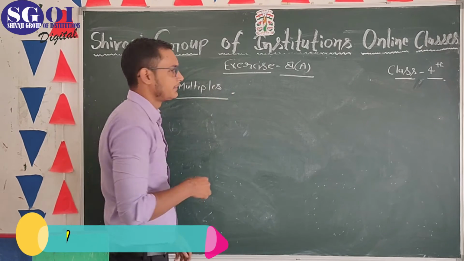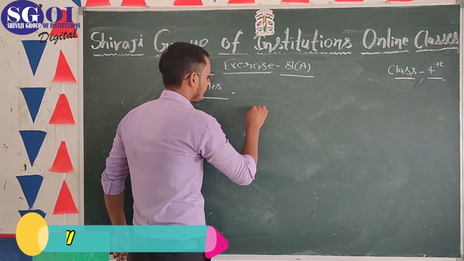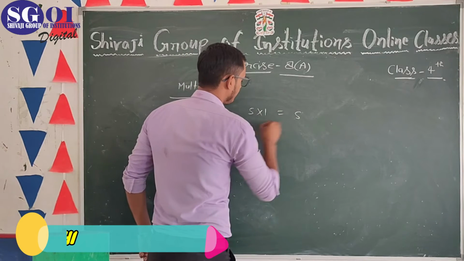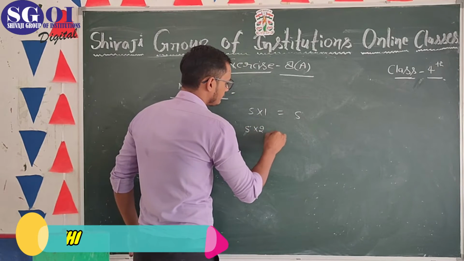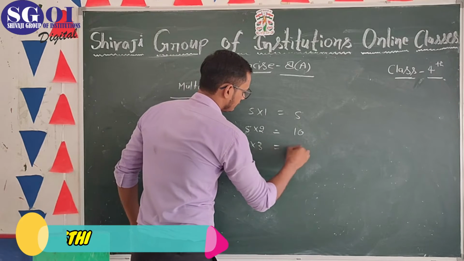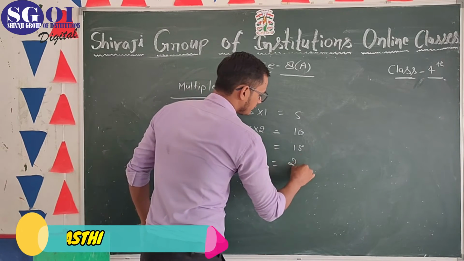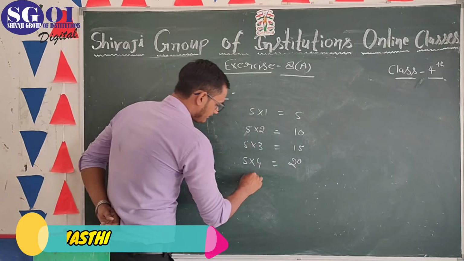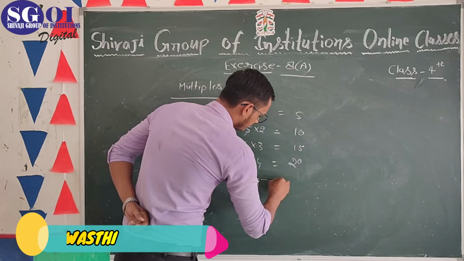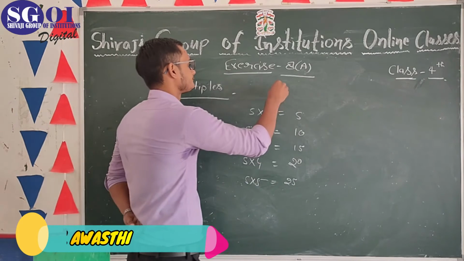Okay, what are the multiples? Look, 5 multiplied by 1 is equal to 5. 5 multiplied by 2 is equal to 10. 5 multiplied by 3 is equal to 15. 5 multiplied by 4 is equal to 20. And 5 multiplied by 5 is equal to 25.